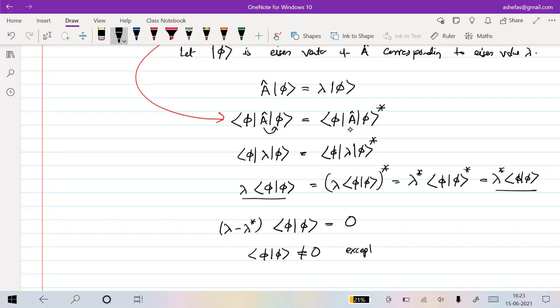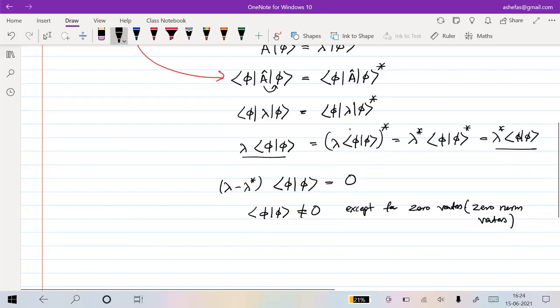So it will be non-zero except for zero vectors. Zero vectors are vectors with zero norm, and zero norm vectors cannot be a non-trivial eigenvector.